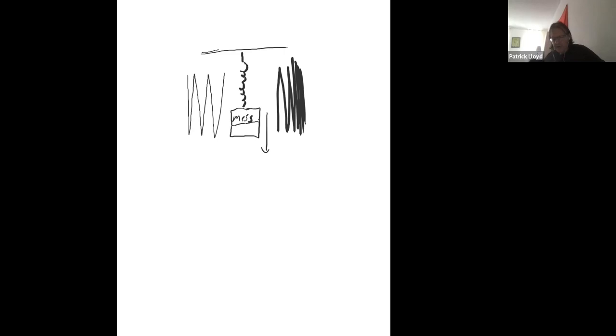Okay, you pull it up, and what does it do? It goes up and down and up and down and up and down. It turns out what happens is if you change the mass, okay, if you make it bigger, it goes up and down, but it goes up and down slower. It goes slower.